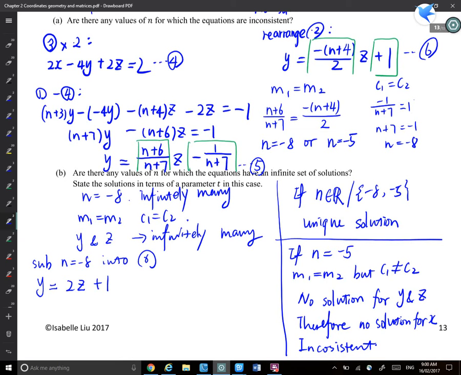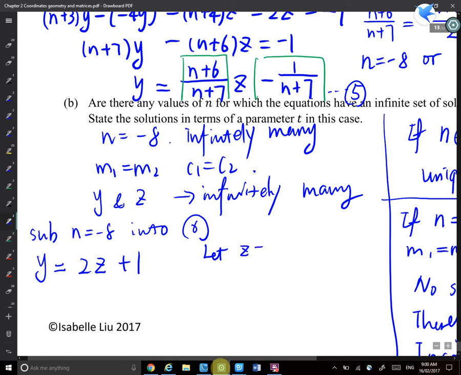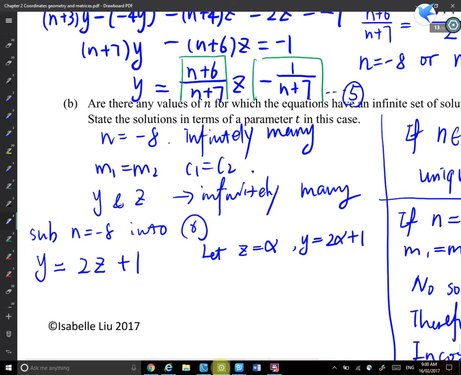The relationship between y and z is 2z plus 1. Any coordinates on this will be the coordinates for y and z. So let z equal to alpha. Then y will equal to 2 alpha plus 1. That's what we have learned yesterday between y and z.